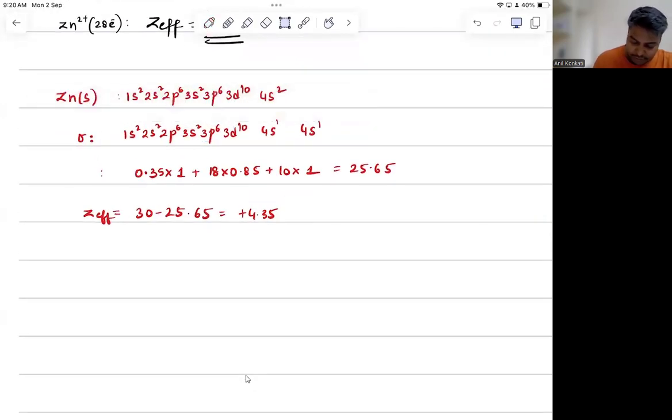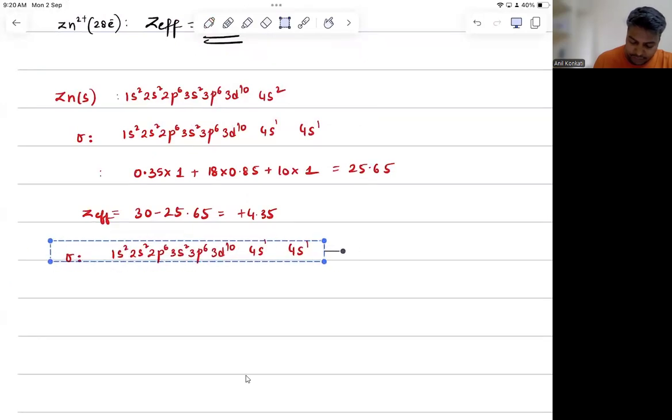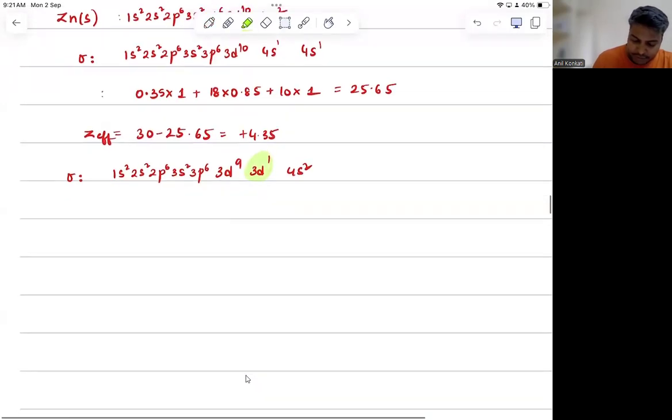Now we'll do the same thing for D block. In that case, this will be 3d9 and 3d1 and 4s2. Okay, so this is my reference atom now. With respect to that, all the inner ones, how much they are contributing, we need to check. So 9 into 0.35 plus the rest all will contribute the same.